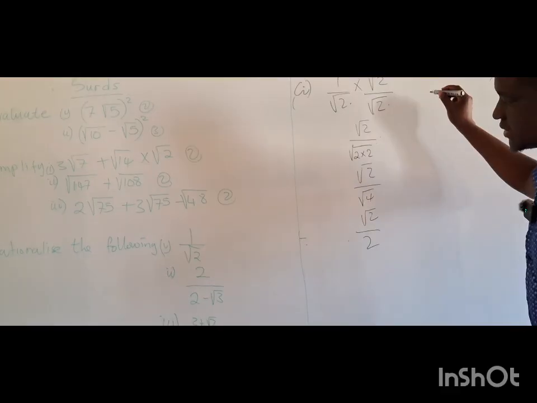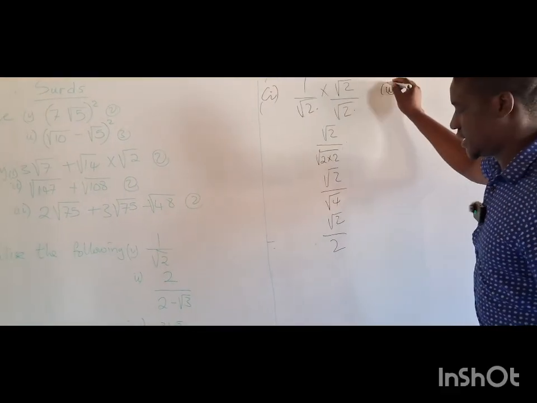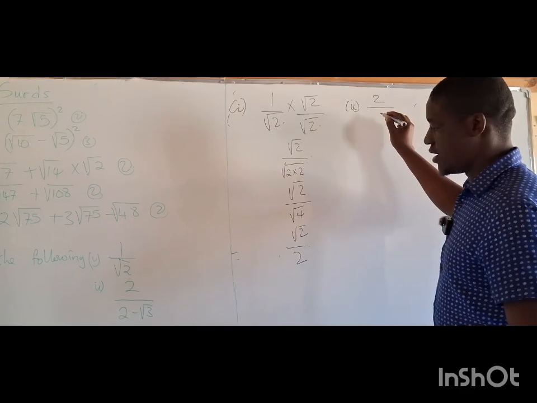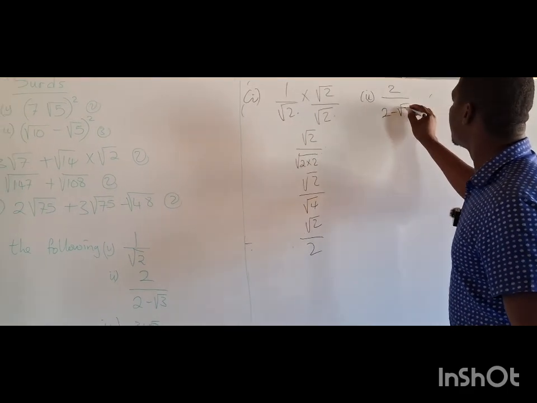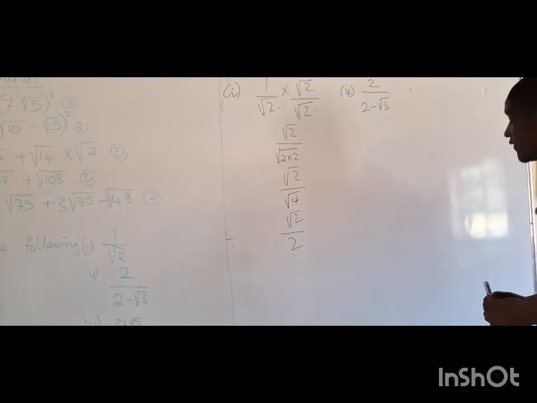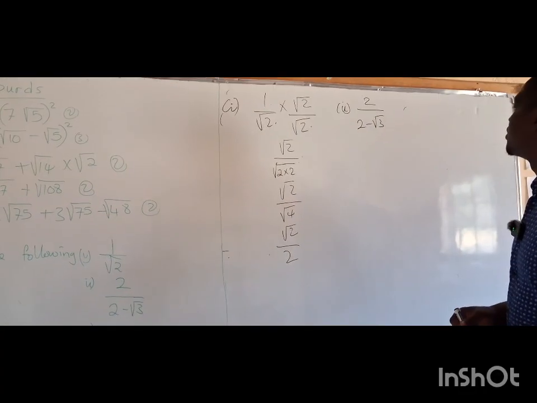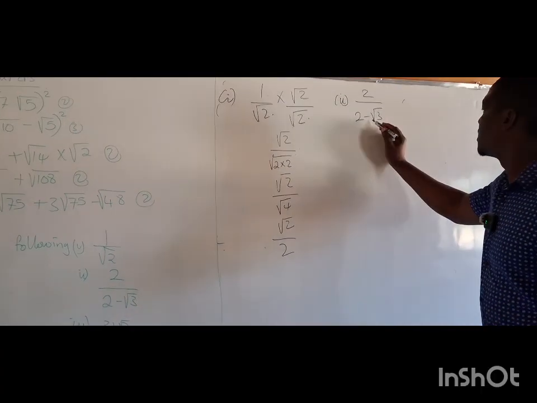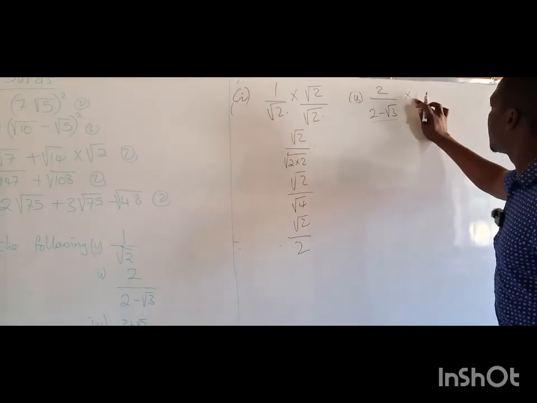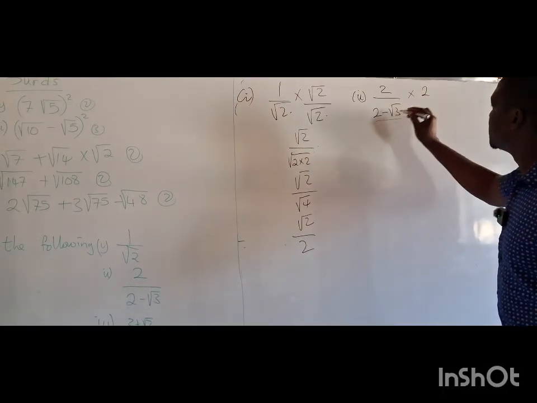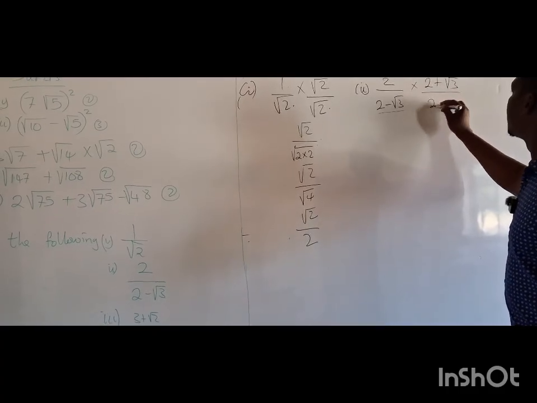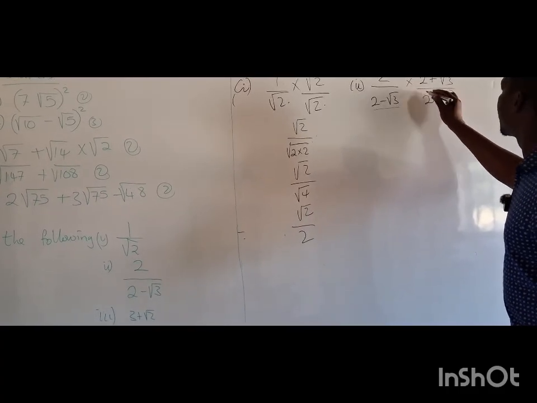See item 2, we are saying 2 over 2 minus root 3. We rationalize the denominator. So if we want to get rid of this denominator, we multiply by the conjugate, which is 2 plus root 3 over 2 plus root 3.